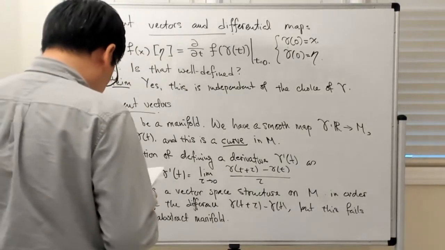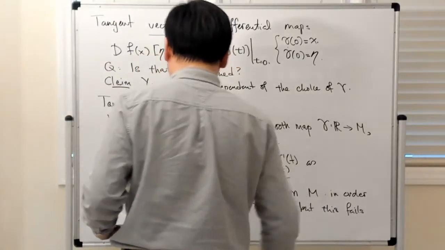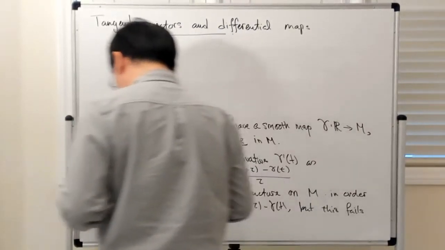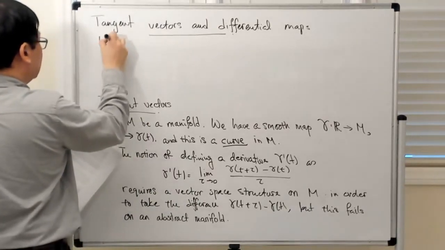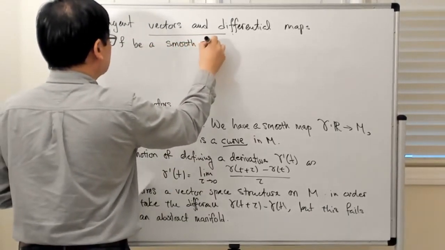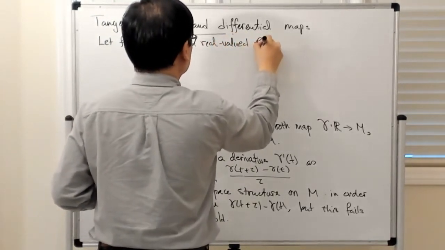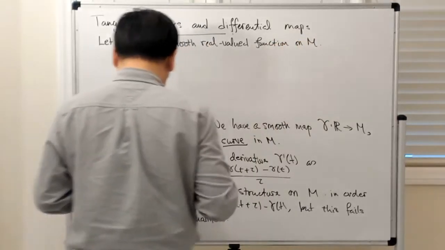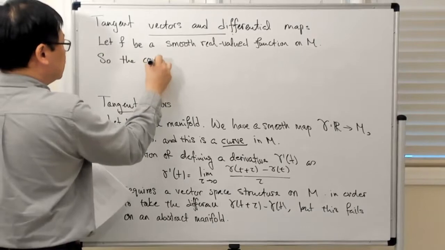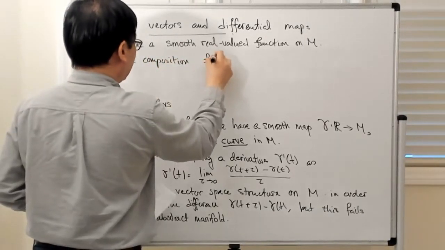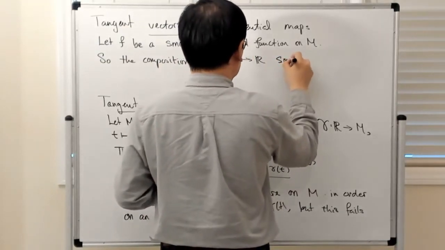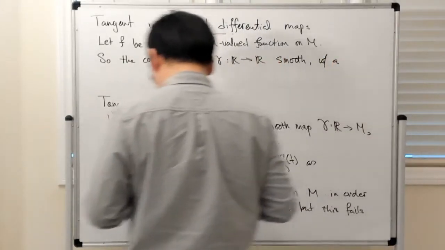So how do you deal with that? Let's say we let f be a smooth real-valued function on M. So the composition of f with gamma is a map from R to R, which is again smooth, with a well-defined classical derivative.